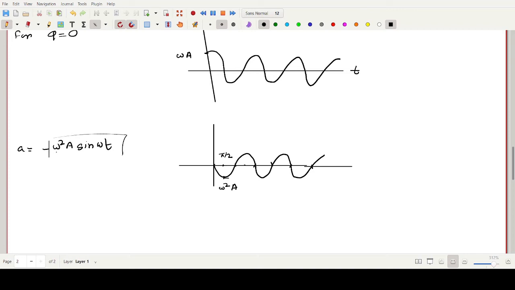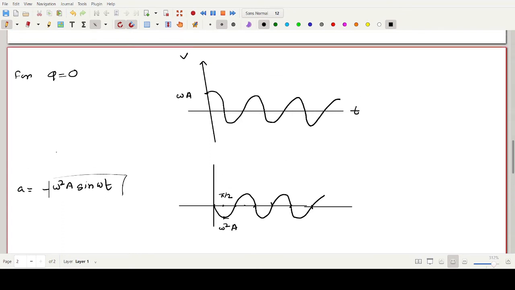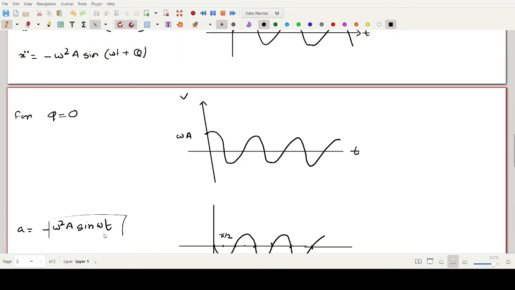So this minus sign means that the acceleration is proportional to the displacement but opposite. And what is the phase difference between the velocity graph and the displacement graph?